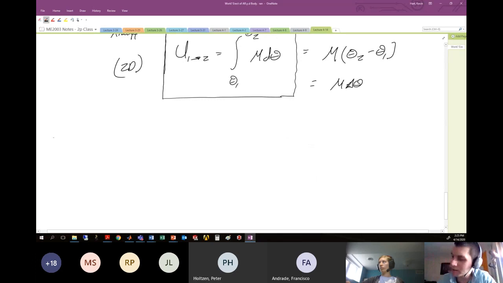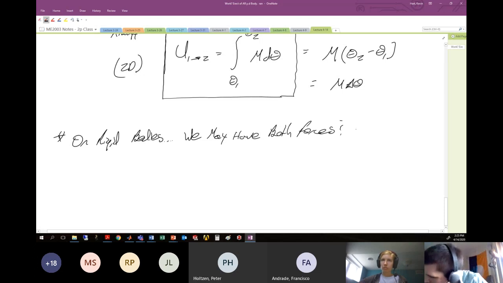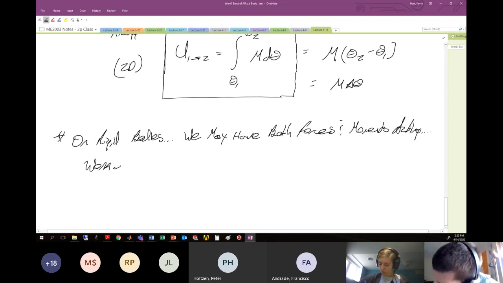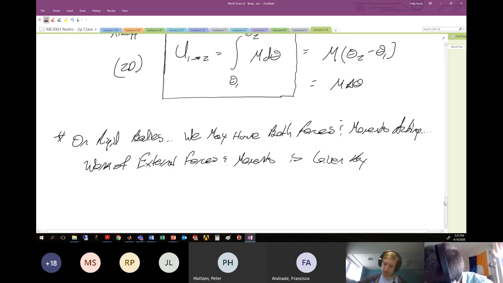All right, but the point is now that on rigid bodies, we may have both forces and moments acting. So work of external forces and moments is given by the combination of the two.